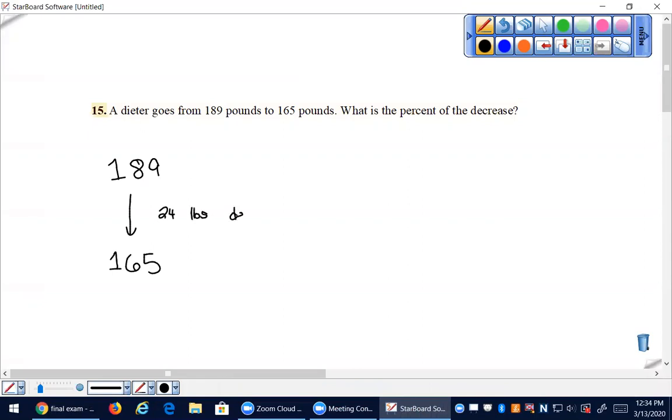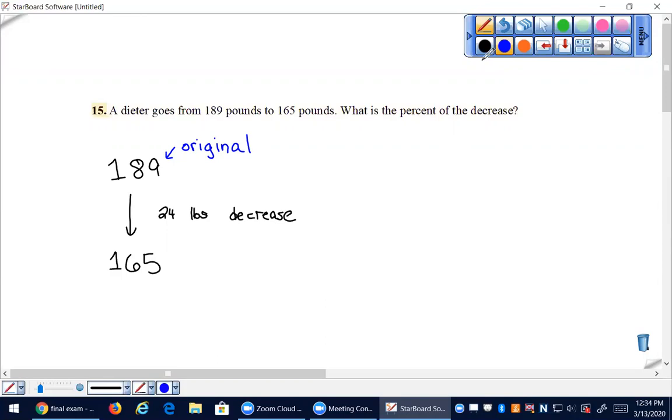And then which is the original? The 189. Make sure that this is the way you mess up when your brain is panicking, that you don't pick the wrong one as the original. The reason I draw my little arrow is so that I'm thinking, we're going from here to there. It helps my brain be visual.